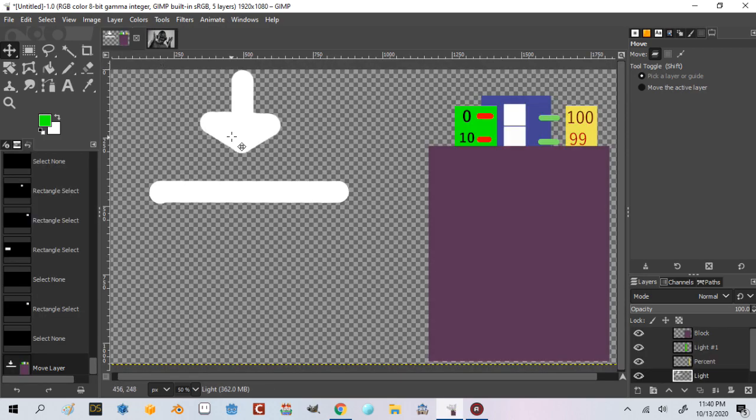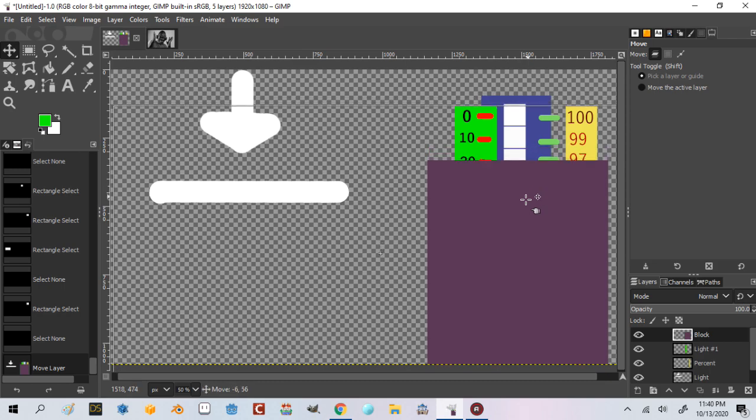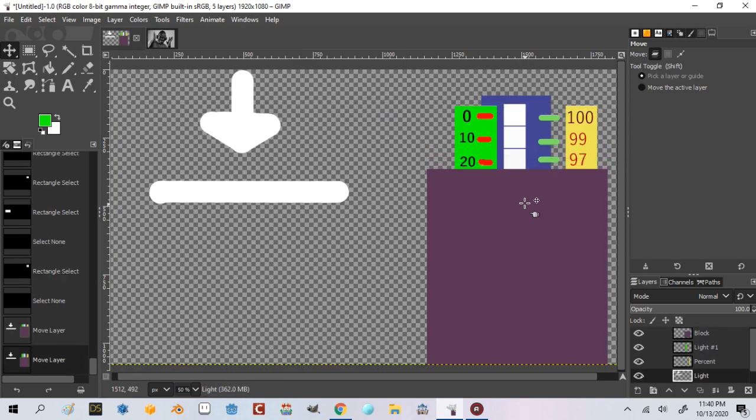Now, what do you think the amount of light would be at a 20% incline? Did you take your guess? Well, it's at 97% brightness. Crazy, right? It hasn't gone down much. But it only gets weirder.